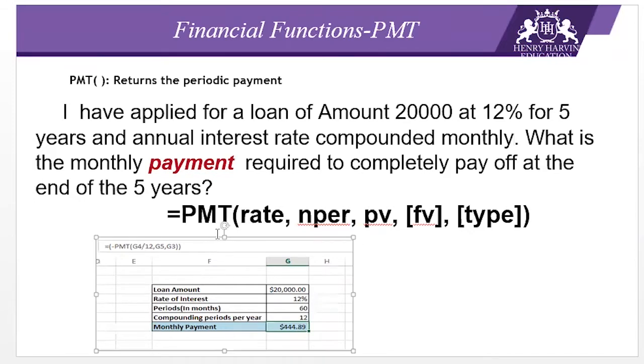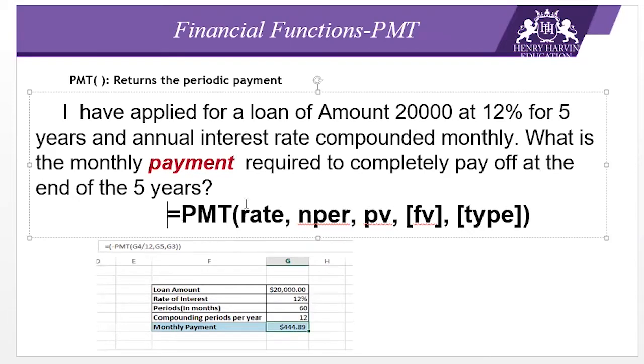Guys, let me tell you something before I go. In financial functions, when we have cash inflow, we get the result in positive. Always remember, when we have cash inflow, we get the result in positive.